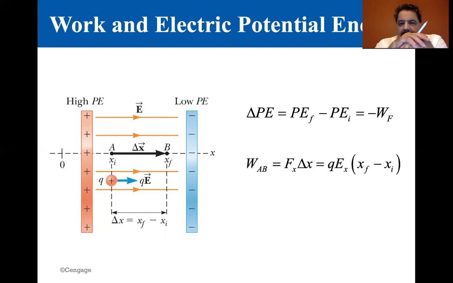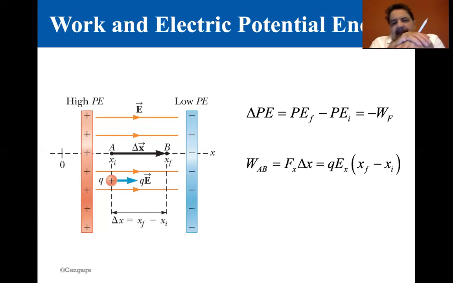The work from A to B is equal to the force in X times delta X. Well, the force we learned from last chapter, F is equal to Q E_x. E_x is the X component of the electric field.